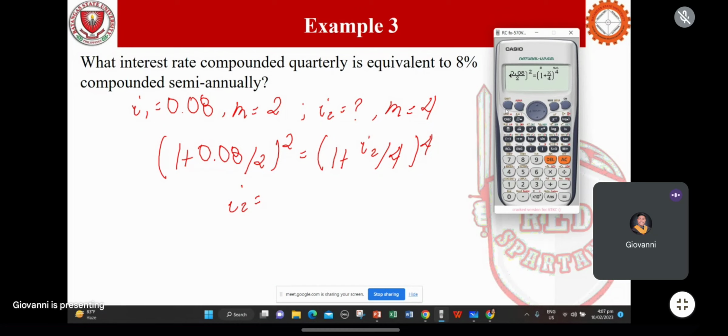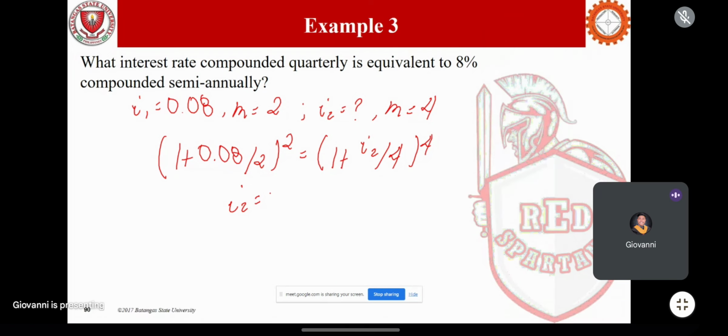Then shift solve lang natin. Shift solve, so 7.92%. Sabi niya, daw equal sa 7.92%. Okay?